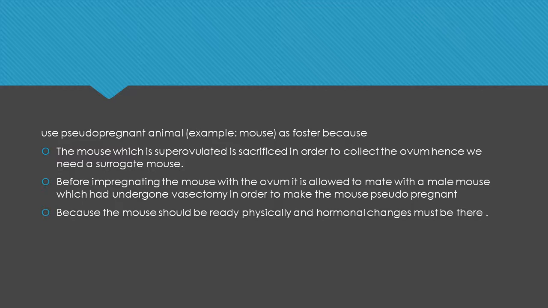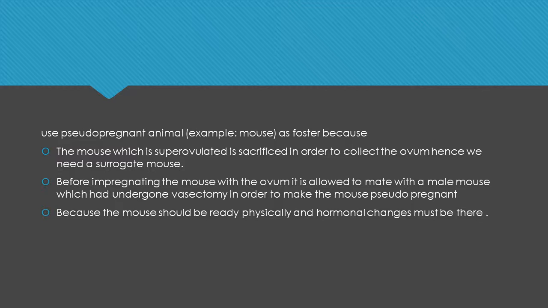Hence, we need a surrogate female mouse, but before you can impregnate the surrogate mouse, you need to mate the female mouse with a male mouse which had undergone vasectomy.